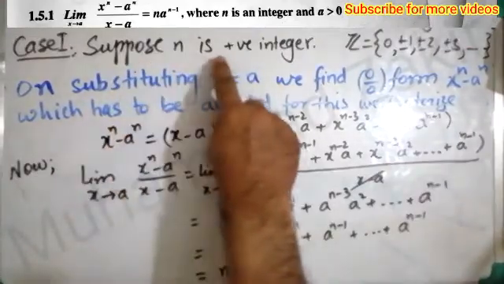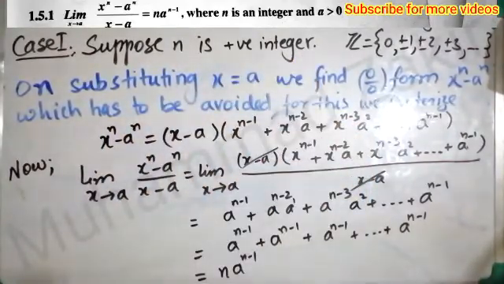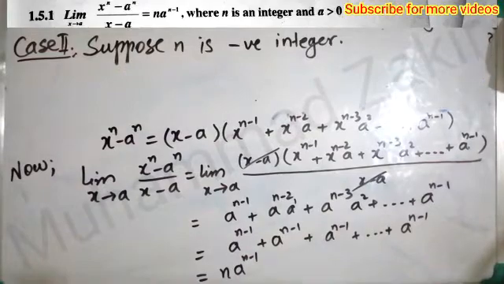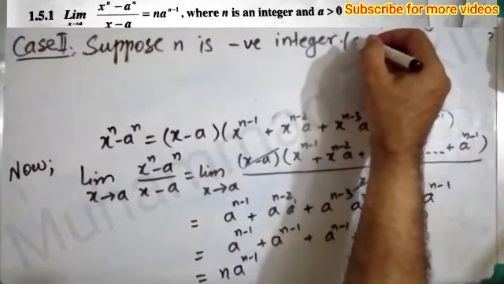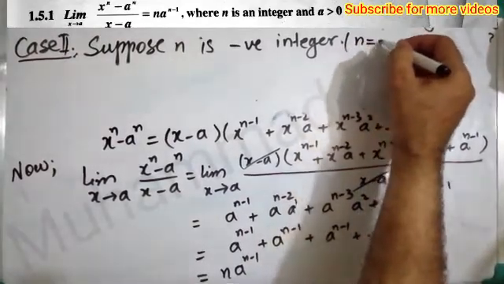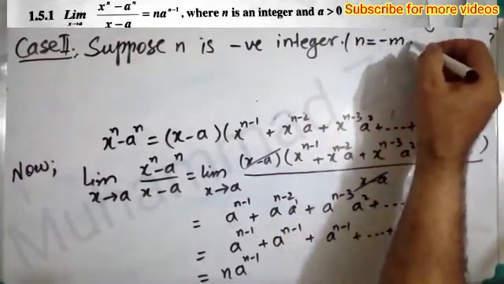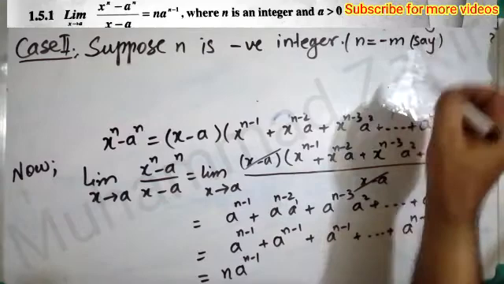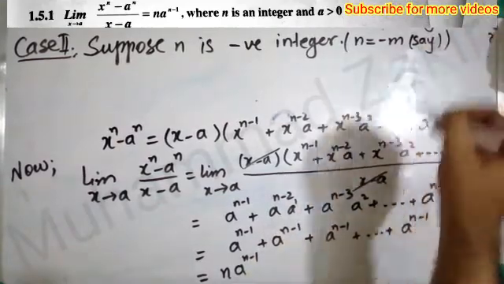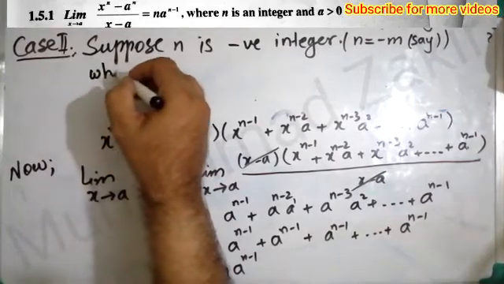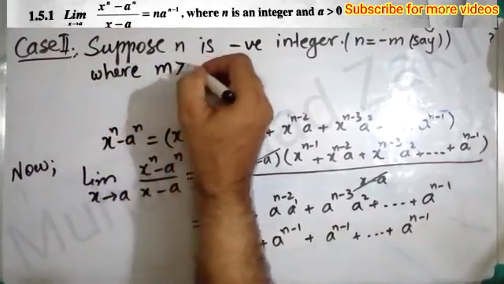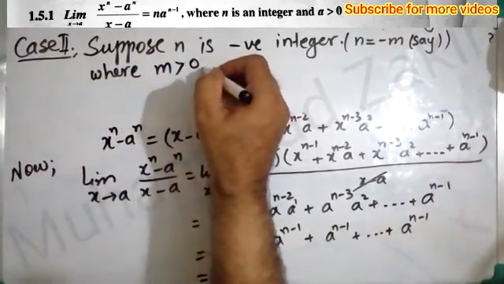Case 1 was: suppose n is a positive integer. Case 2 will be when n is a negative integer. We suppose its value: n is negative m, where m is a positive integer.